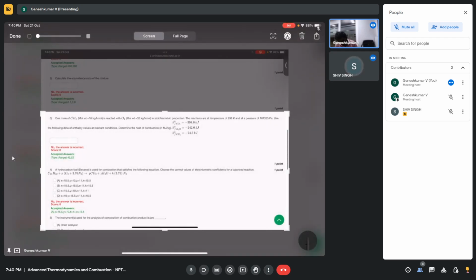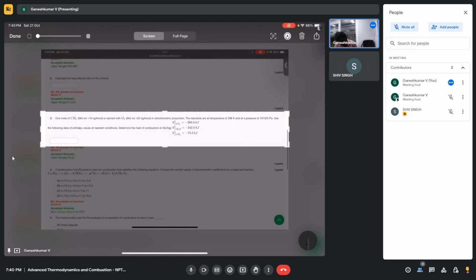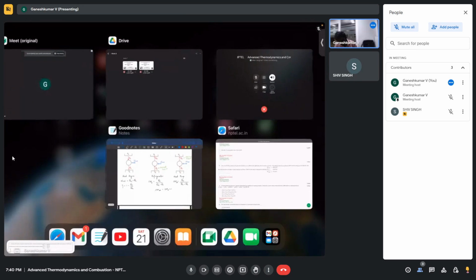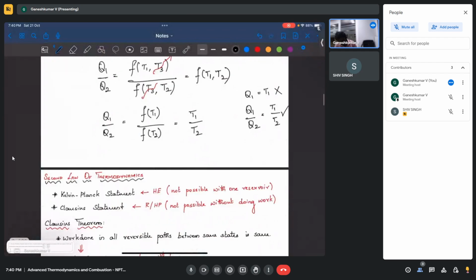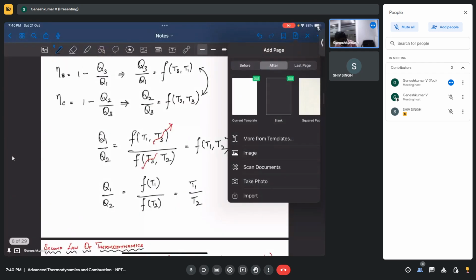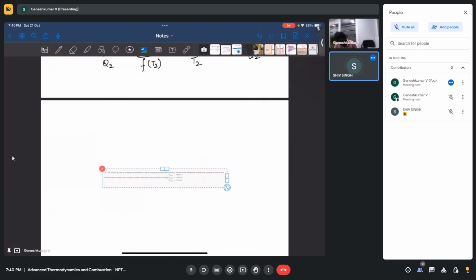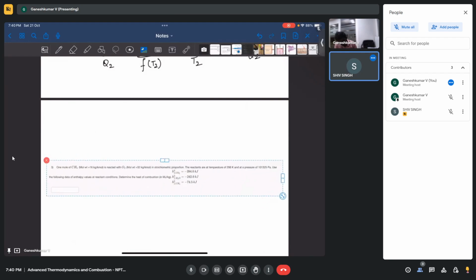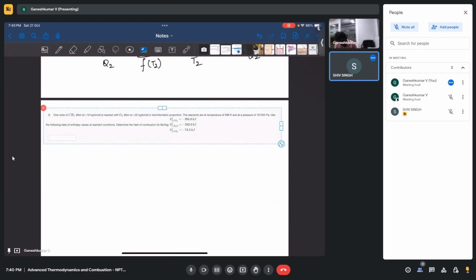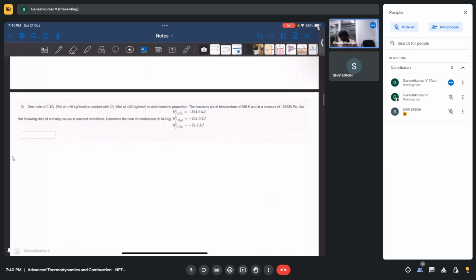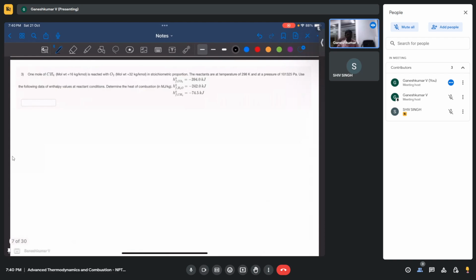When there is a reaction, what happens is you are basically doing combustion.